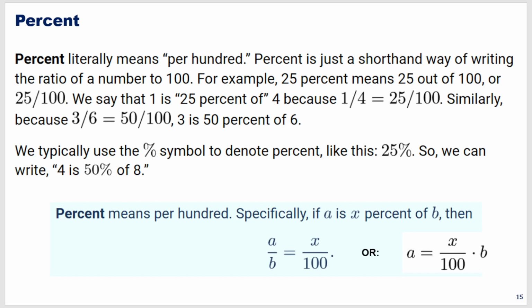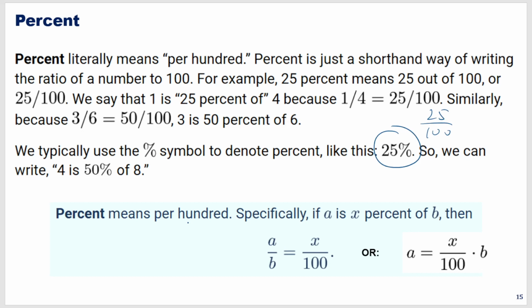Similarly, because 3 over 6 equals 50 over 100, 3 is 50% of 6, right? We typically use this symbol to denote percent. 25% is written like this. This basically means 25 over 100. So basically percent means per hundred.